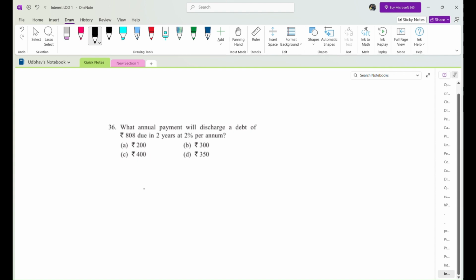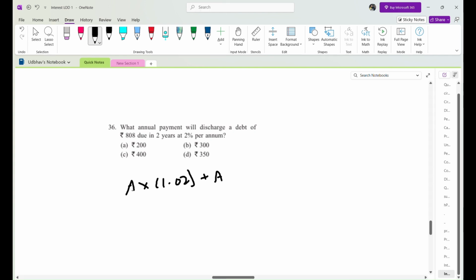Okay, let's say the annual payment is A and the rate of interest is 2%, so it will be 1 plus... A into 1.02 equals... plus A. This is for 2 years.